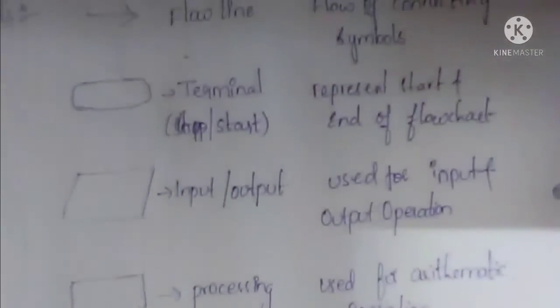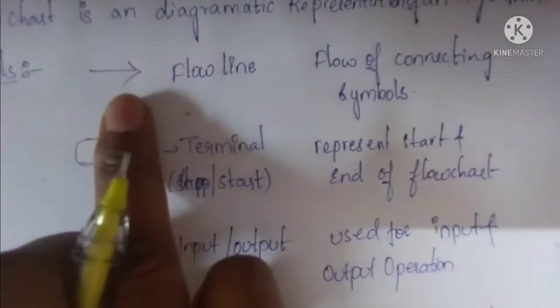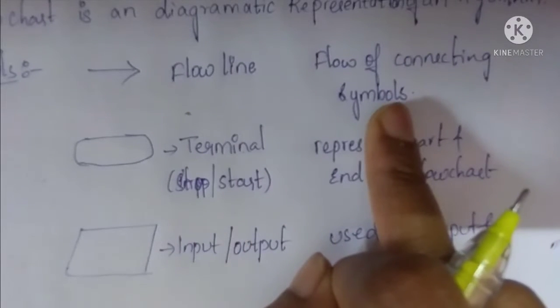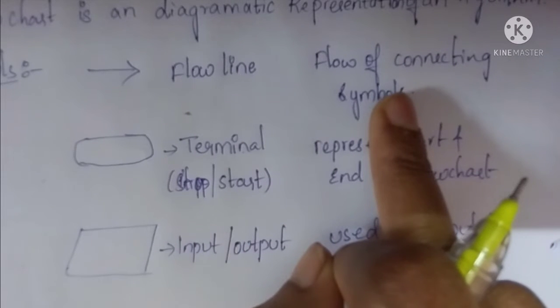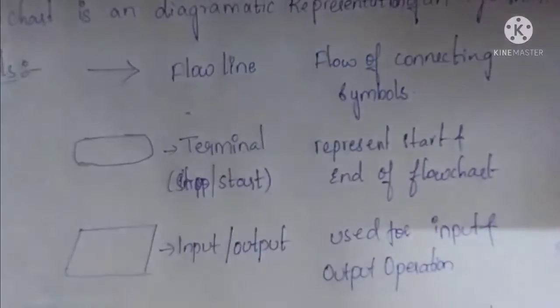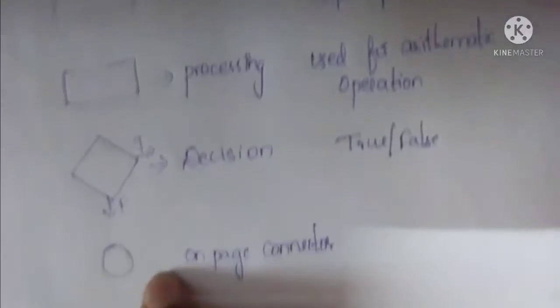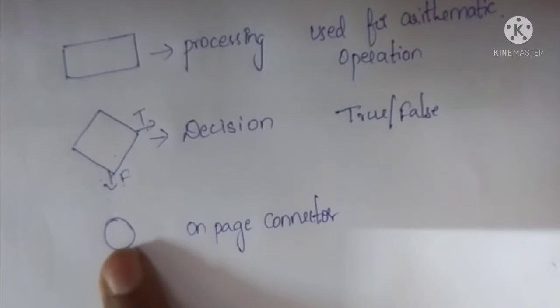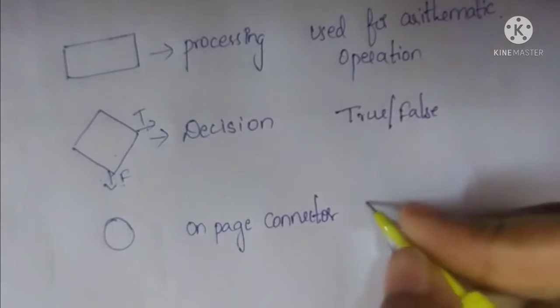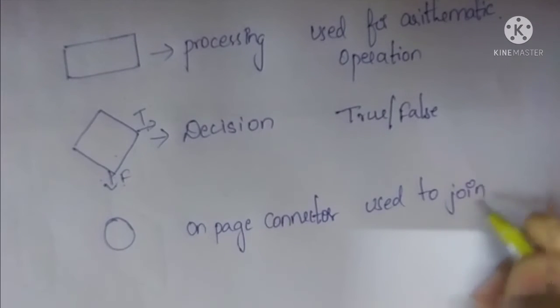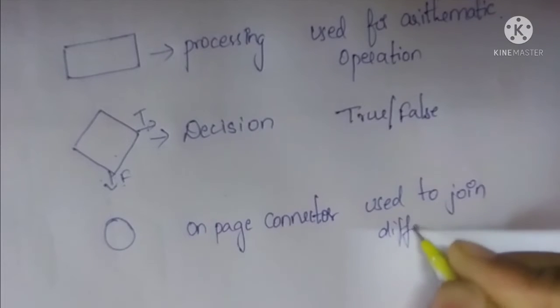Already we have seen what is meant by flow line. A flow line is the flow of connecting symbols. For the joining of two connected symbols, you have to use the circle symbol, that is a small circle. This is used to join different flow lines.